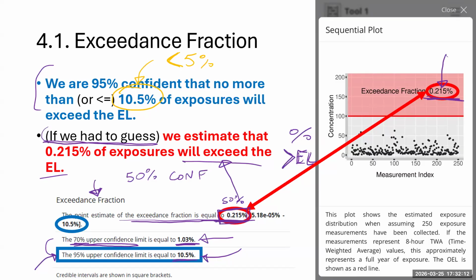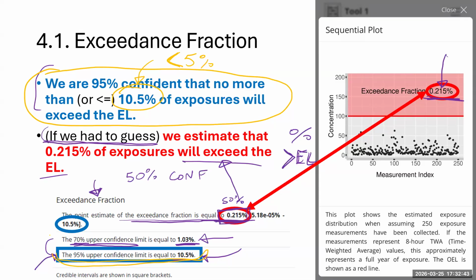I would say it kind of depends. I would personally be most interested in the 95% if I'm reporting the exceedance fraction, but like I mentioned, other companies and some people or clients may be interested in other values.